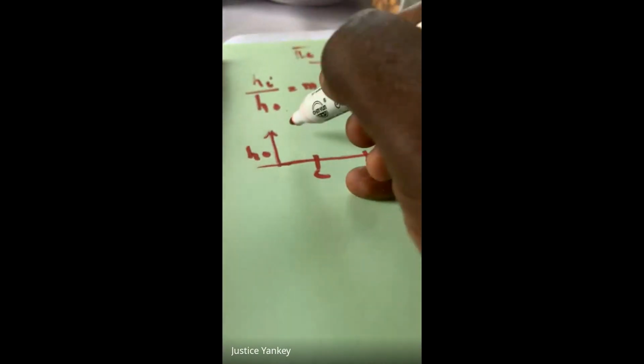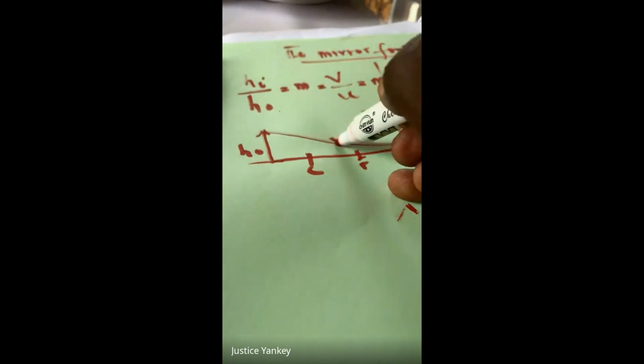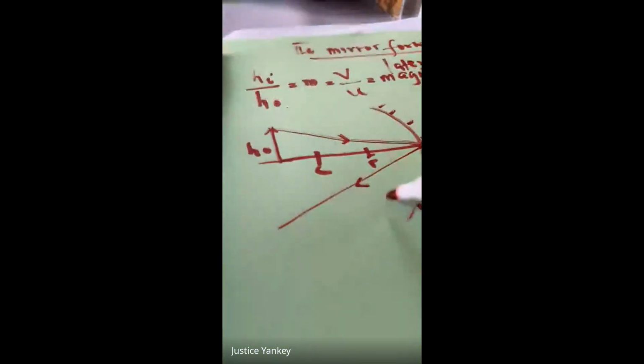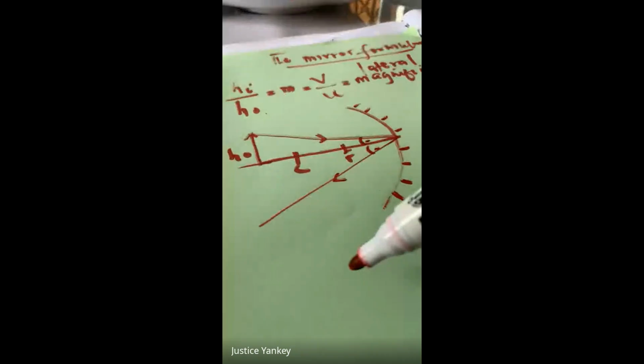Now, I'm going to use a polar ray and a central ray for this purpose. So I'll have a ray going towards the pole, like this. It will be reflected in this direction, so that the angle of incidence is equal to the angle of reflection.